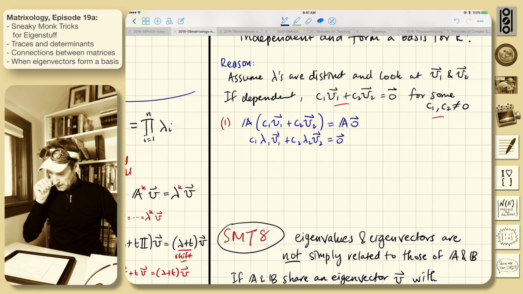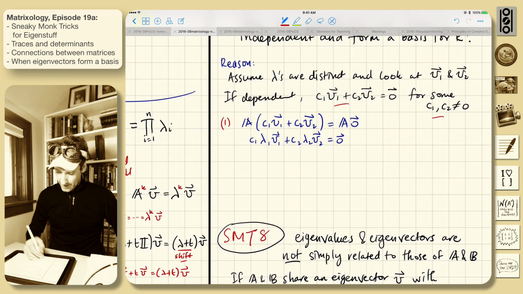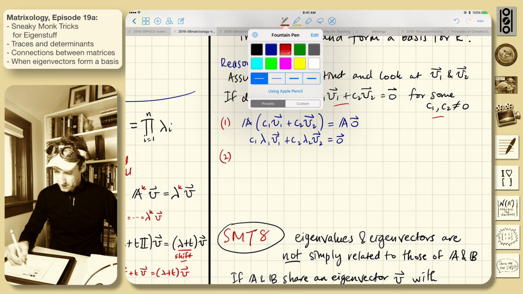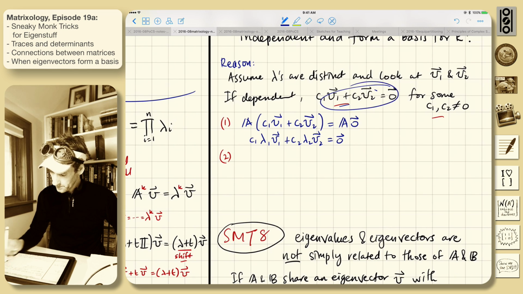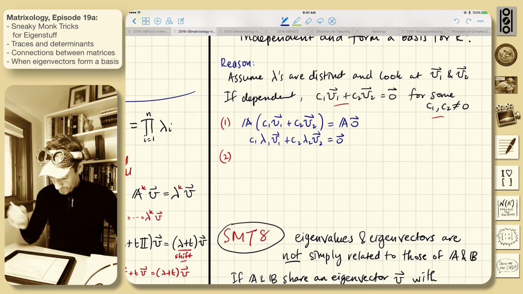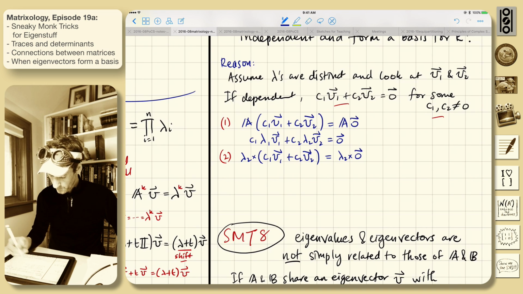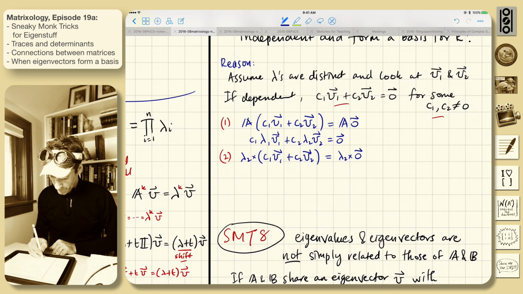We could alternately take the original equation and multiply all of it by lambda 2: lambda 2 times C1 V1 plus C2 V2 equals lambda 2 times 0. We're just doing the same thing to both sides of the equation. That gives us C1 lambda 2 V1 plus C2 lambda 2 V2 equals 0.